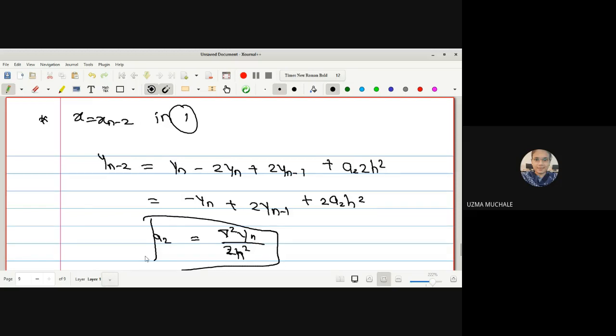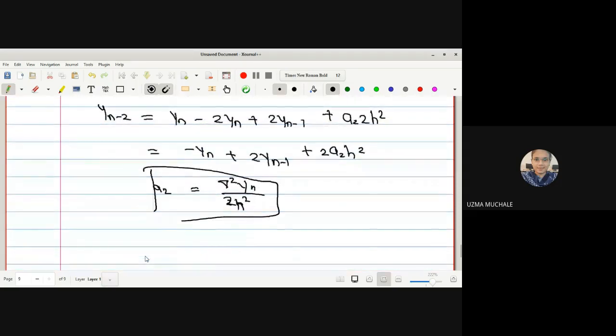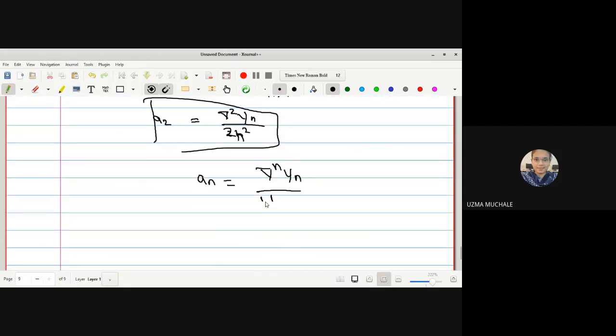In this way, we have obtained the relation of a2. And hence, in general, we can write an is equal to the backward difference operator of order n, divided by n factorial into h raised to n. Okay, now substitute all those values in the above equation.